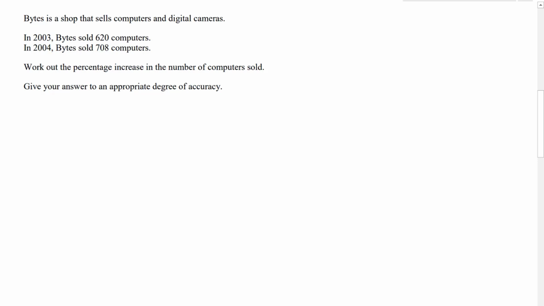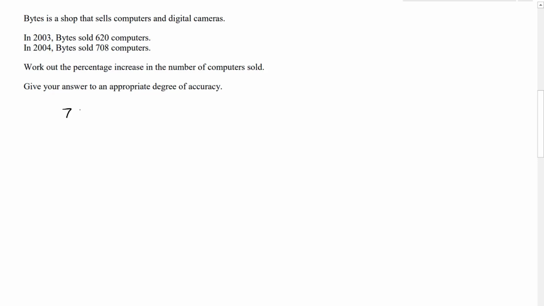the actual numerical increase. So what's the difference between 708 and 620? We could do this and then put that over 620 and work out that percentage increase that way.